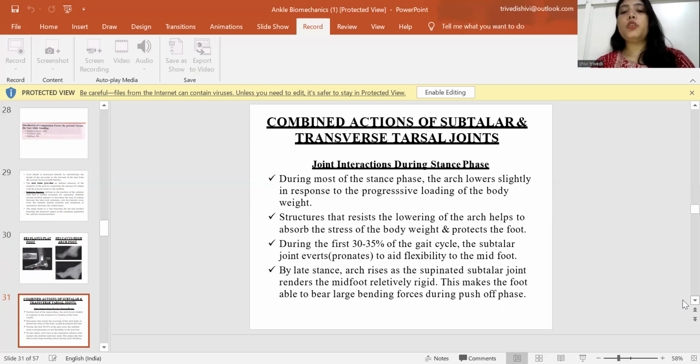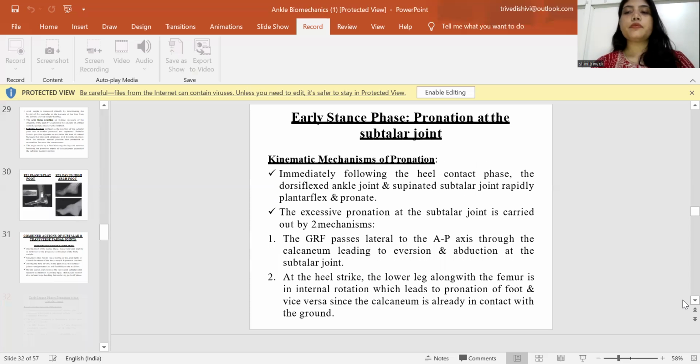During the first 30 to 35% of gait cycle, the subtalar joint everts, pronates, to add flexibility to the midfoot. By late stance, the arch rises as the supinated subtalar joint renders the midfoot relatively rigid. This makes the foot able to resist a large bending force during push-off phase.